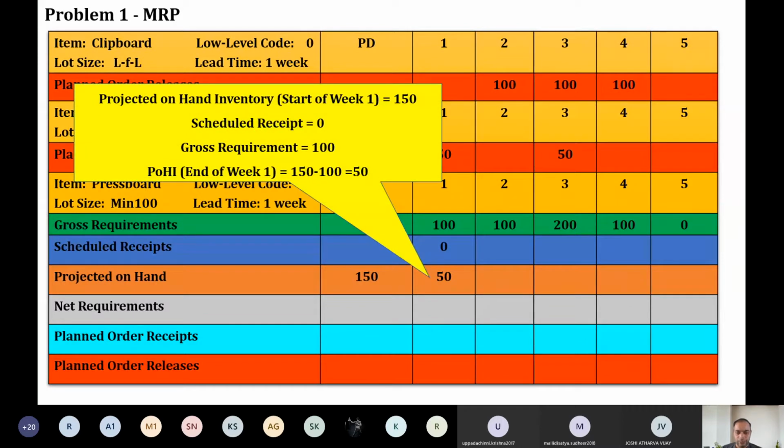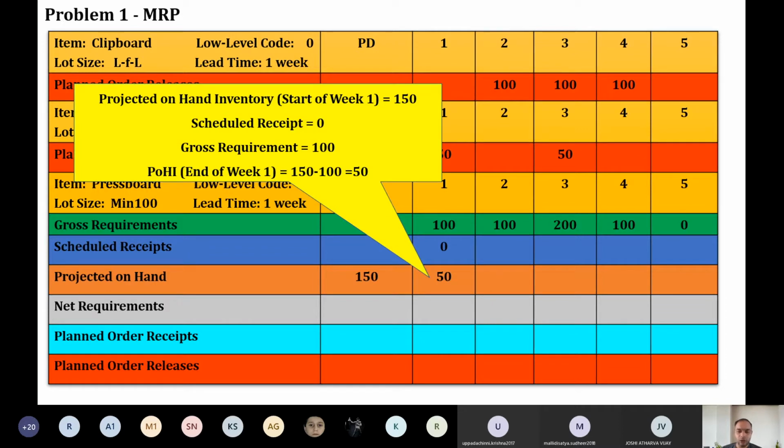At the beginning of week 1, the inventory in hand was 150, and towards the end of week 1, the 100 items will be utilized, so only 50 items are left as inventory at the end of week 1. So at the beginning of week 2, the inventory is 50. The scheduled receipt is 0.